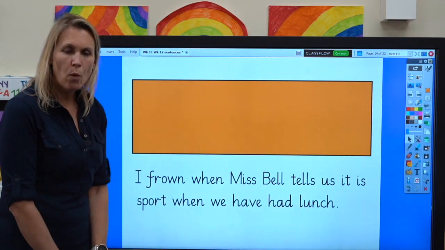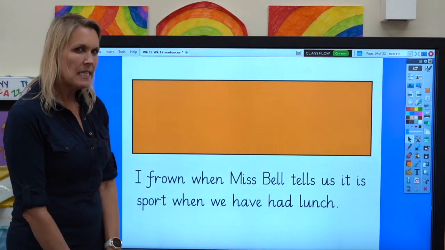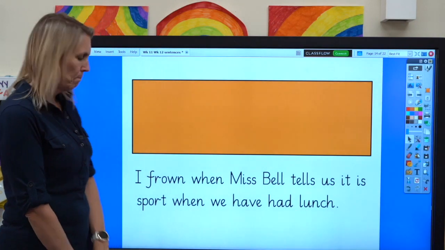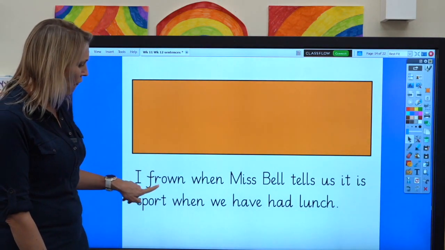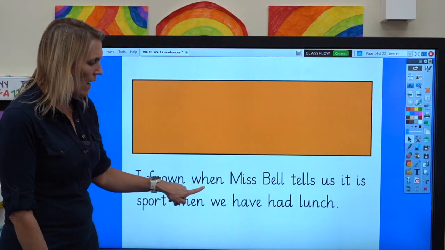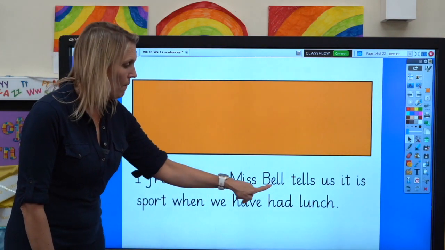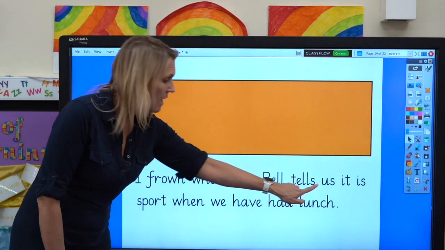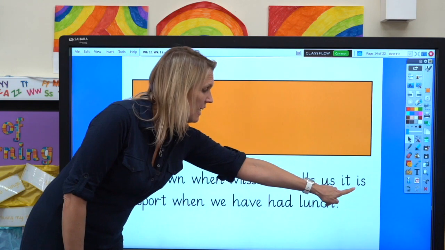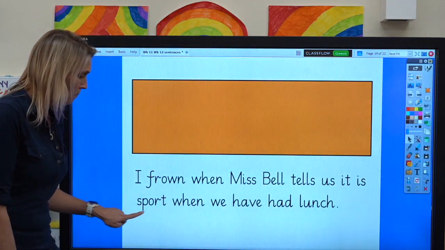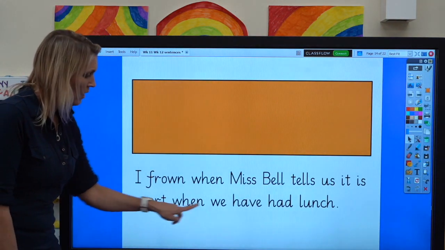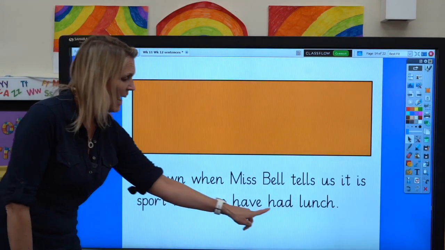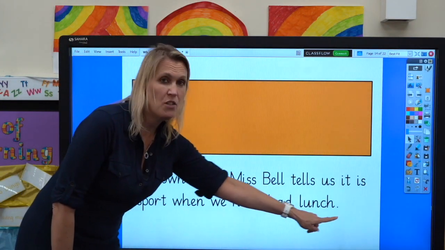Excellent reading, well done. Now let's read the sentence together. Join in with me. I frown when Miss Bell tells us it is sport when we have had lunch.